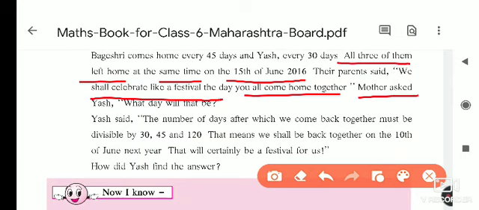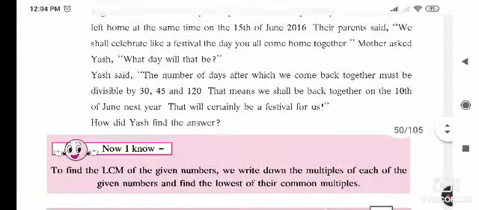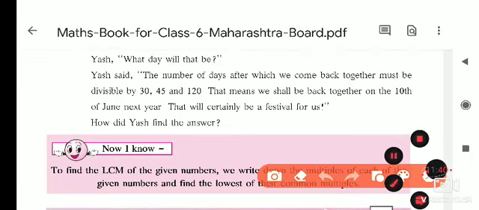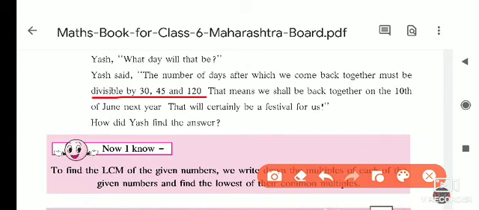Mother asked Yash, what day will that be? Yash said that the number of days after which we come back together must be divisible by 30, 45 and 120. That means we shall be back together on 10th June next year. That will certainly be the festival for us.